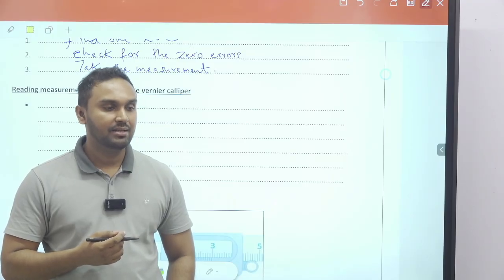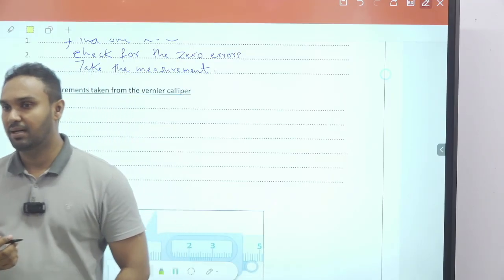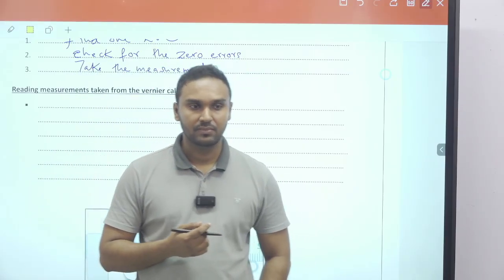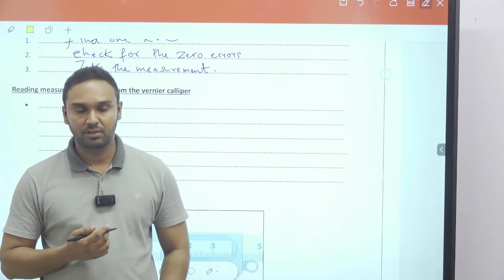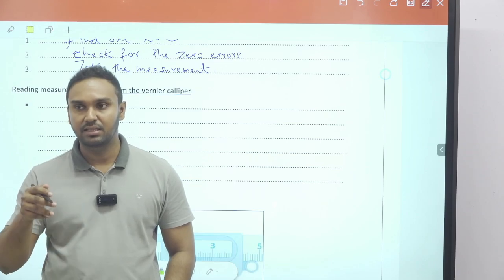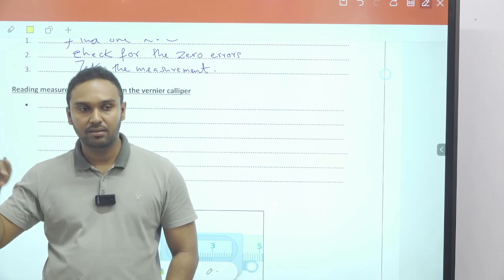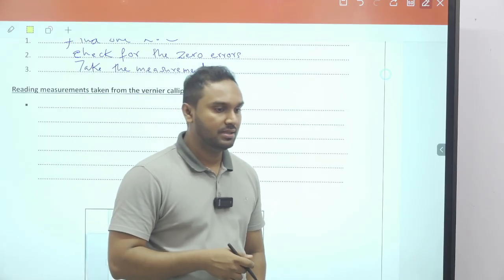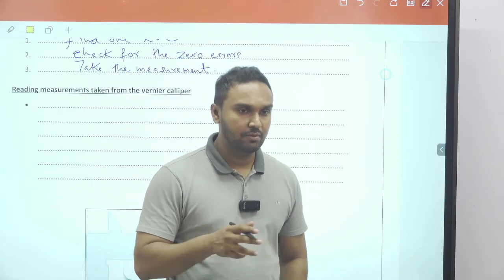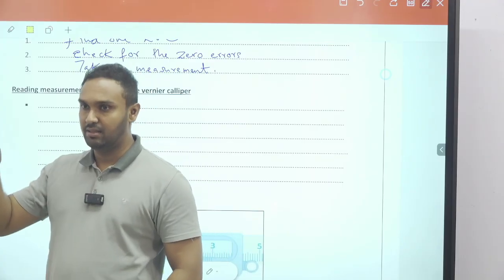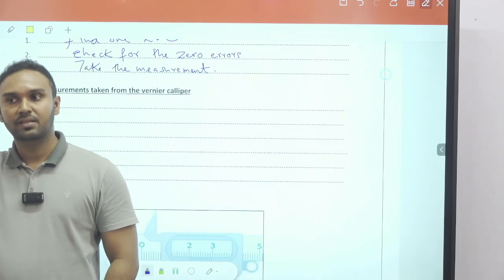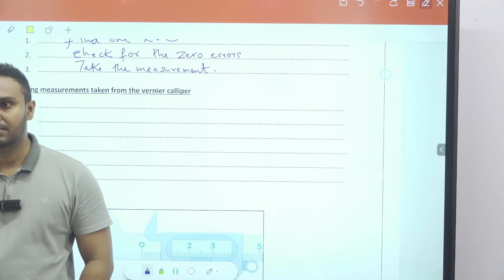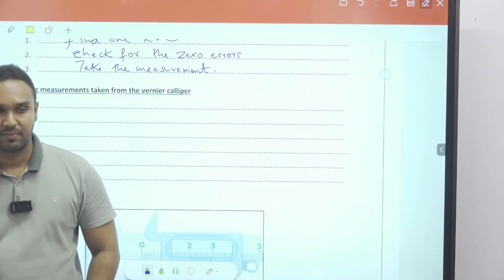Write: you multiply the LC from VSR to get the vernier scale value.